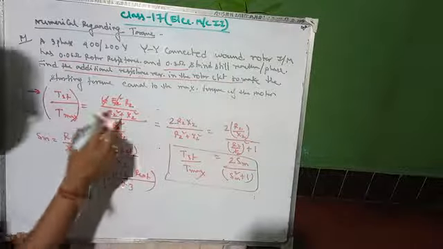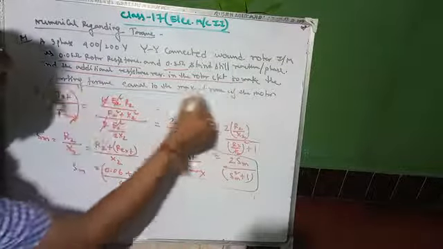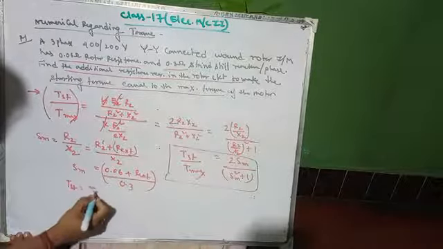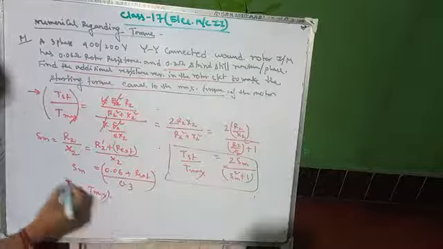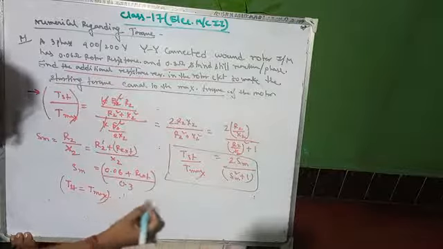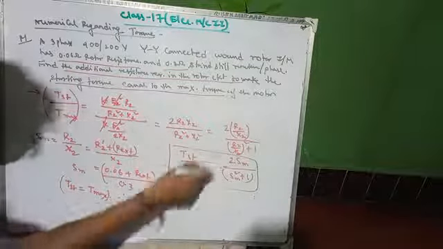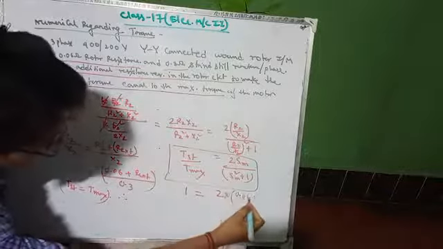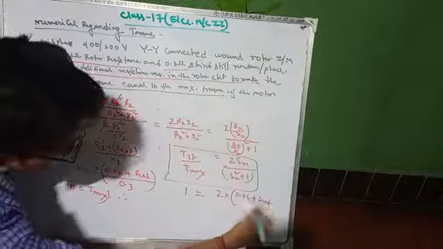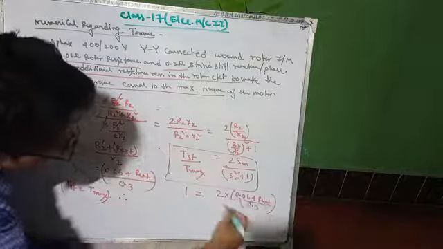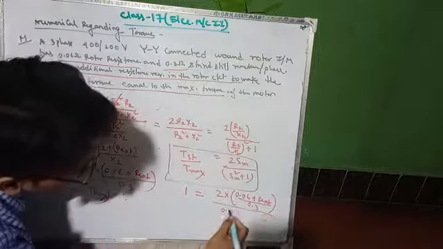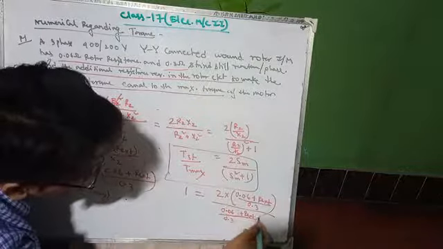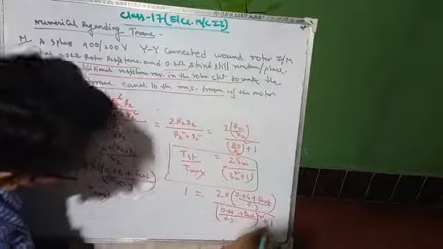Now for starting torque equal to the maximum torque, Tst equals Tmax. So by putting this relation, 1 equals 2 into (0.06 plus Rext)/0.3 divided by ((0.06 plus Rext)/0.3) whole square plus 1, right?